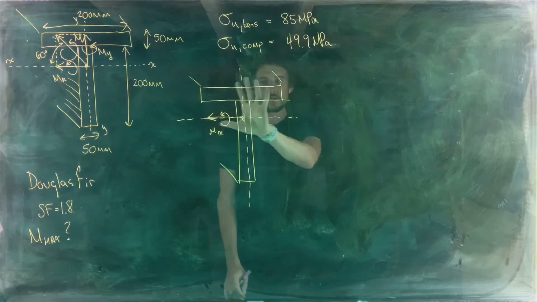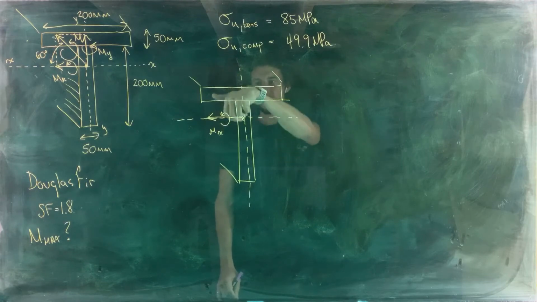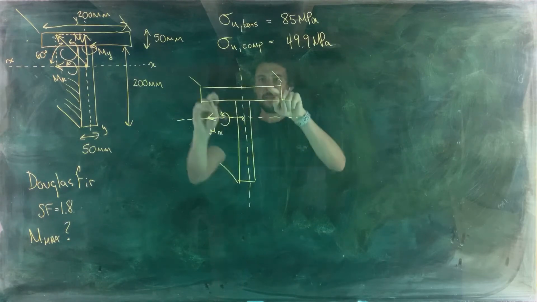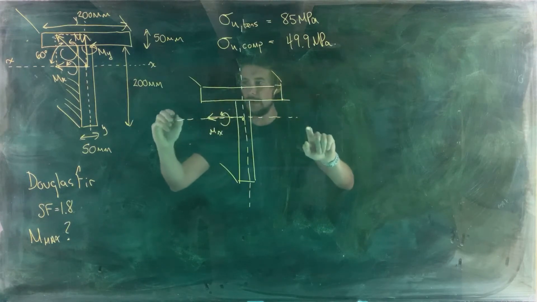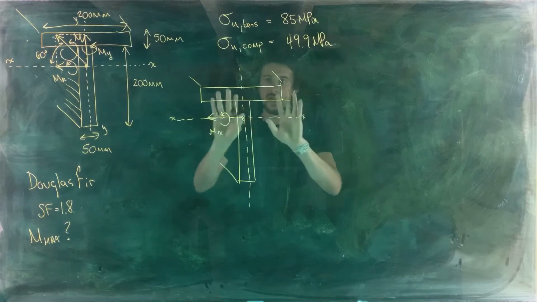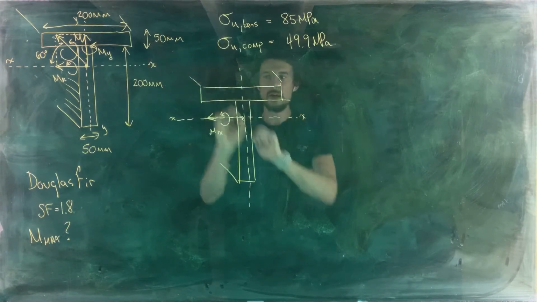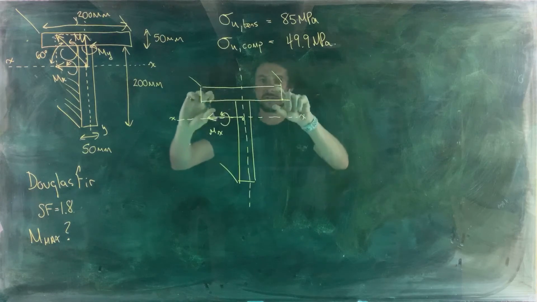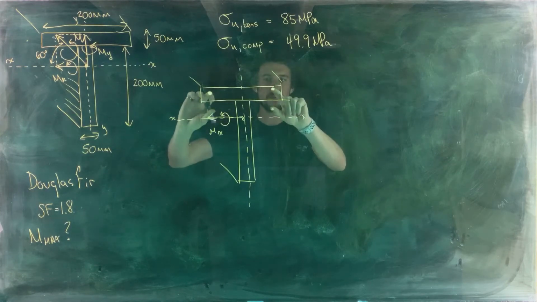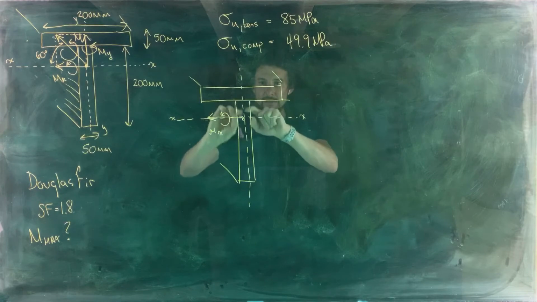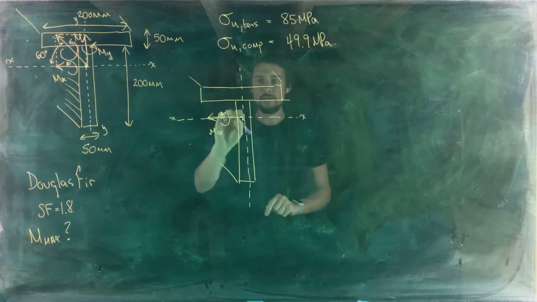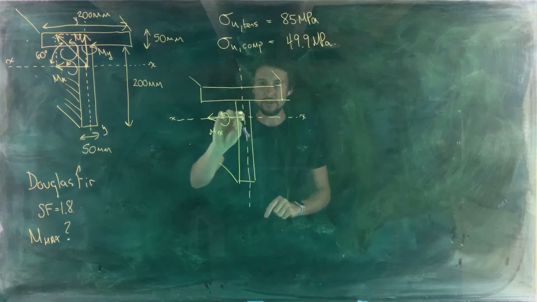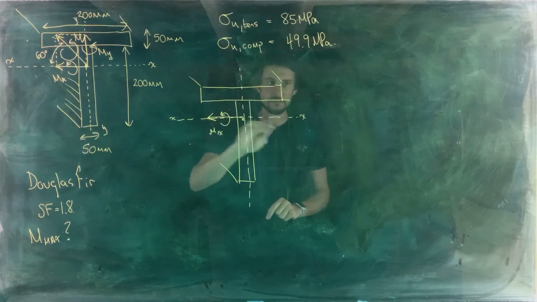Okay, so if I take this cross section and I twist it in the direction of Mx, then I am taking the top half, everything above the XX axis, and I'm pushing it into the rest of the beam here. So this whole top portion of the beam, that portion of the T, is all going to be under compressive stress. And the level of compressive stress is going to increase as we move away from the axis of Mx, right?